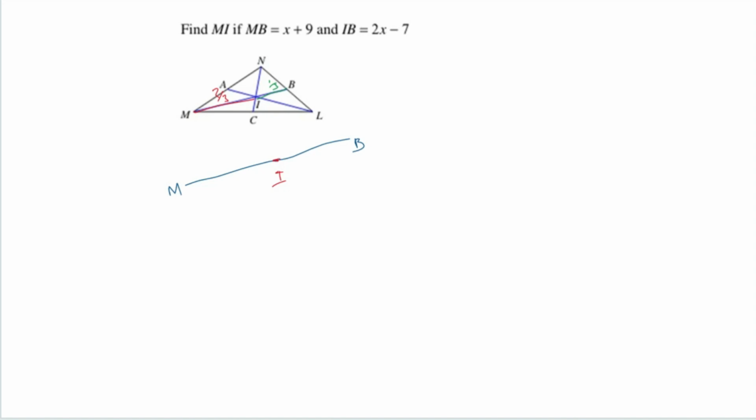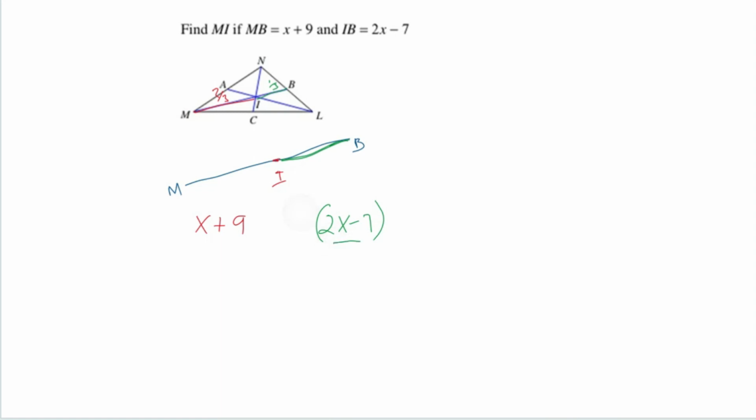In the information that's given, they're telling us that the whole line segment from M to B is x plus 9. This segment over here they give us is equal to 2x minus 7. For this segment to be the entire line, we would have to multiply it by 3, because currently this is only 1/3 of the line.